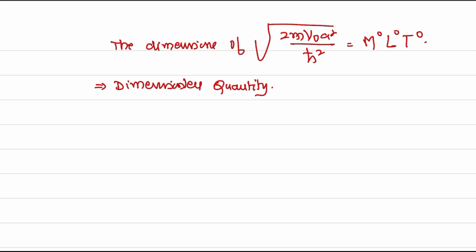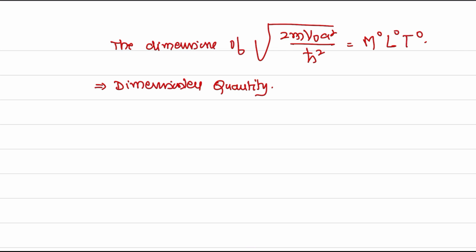That means this particular value has no dimensions, and it is used in finding the bound states, scattering lengths, in modern and quantum physics.